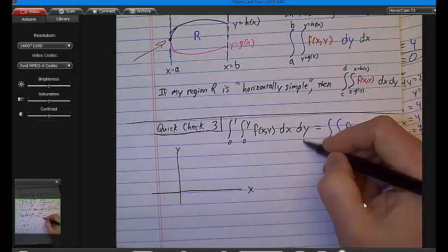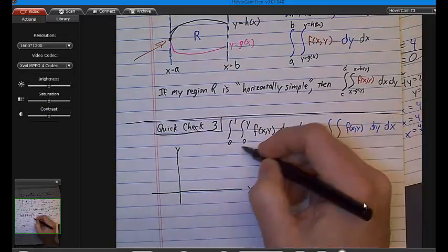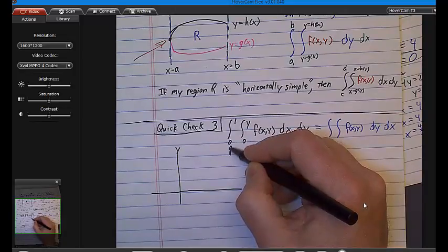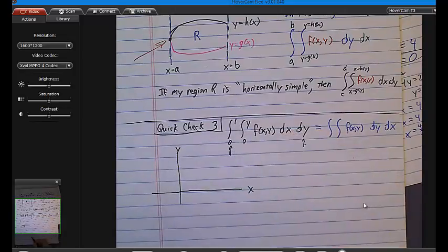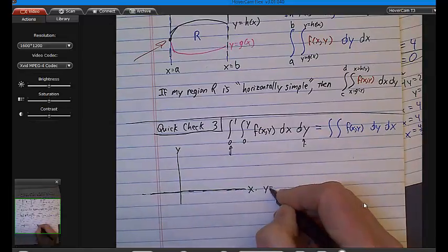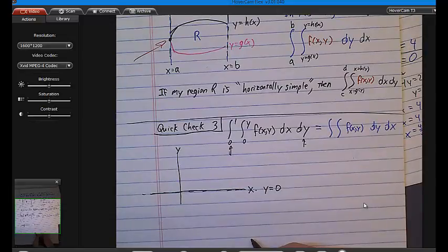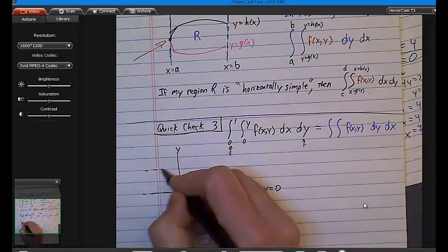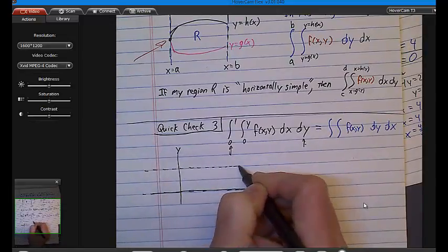The key is we're working outside in, right? dy has to do with that integral, right? So we're talking about this line, which is y equals 0, right? To this line, which is what?